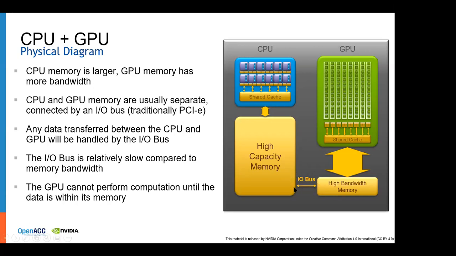But a PCI bus is only 16 or 32, depending on whether it's PCI Gen 3 or PCI Gen 4. So moving data from CPU to GPU could be quite time consuming. When you are developing an application, offloading part of the processing to the GPU, you have to think of minimizing the data transfer to benefit from the GPU acceleration.